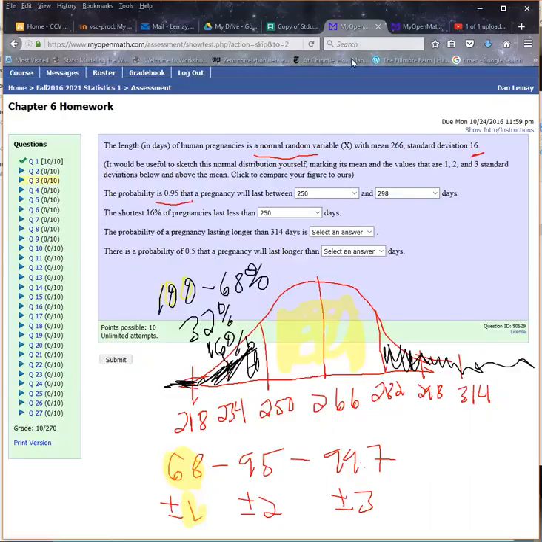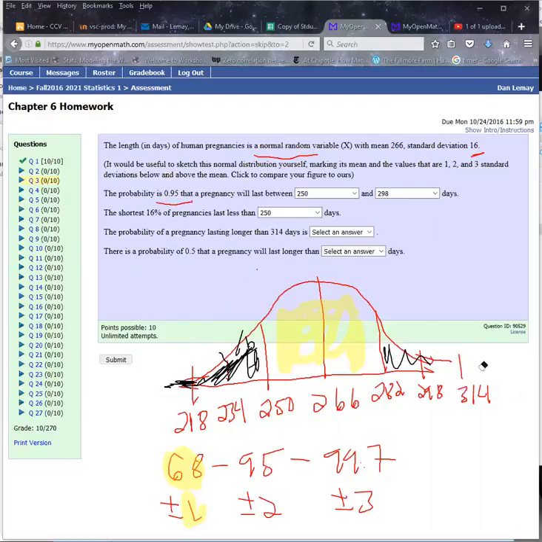So then what we have to worry about is what percent of this distribution is up that high. So then I'm going to grab my handy dandy pencil again. 3 standard deviations denotes about 99.7% of the distribution.